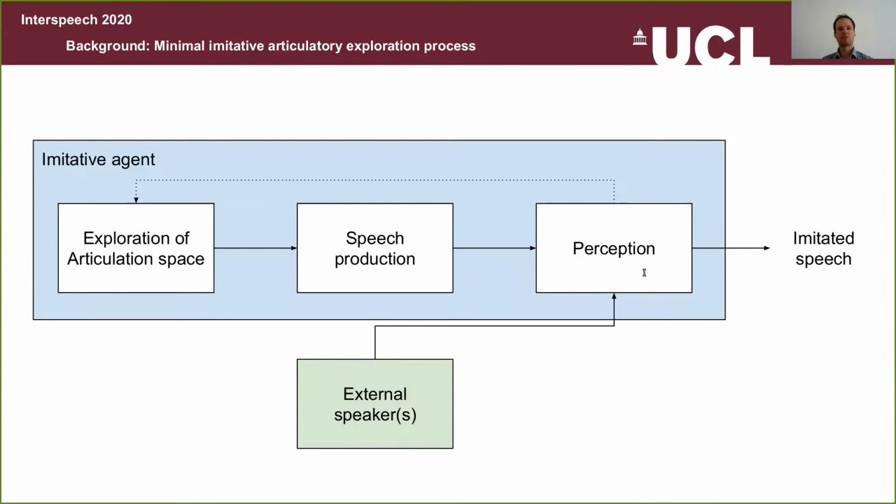Note that this diagram does not show realistic architecture for real speech acquisition, only the articulatory exploration process directly needed for imitation, which is also the extent of the scope of this paper. However, we assume that these components exist in some form in human speech acquisition.